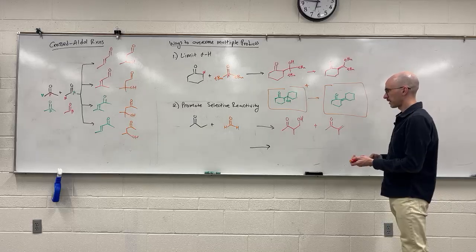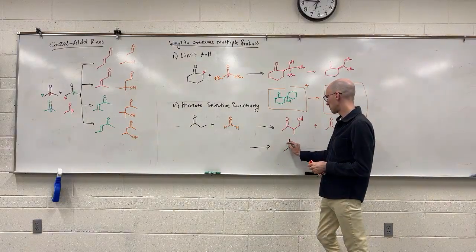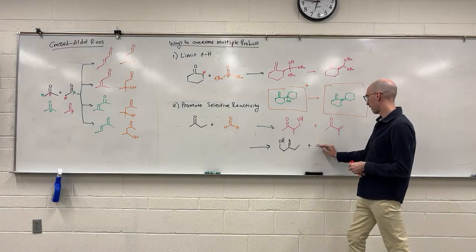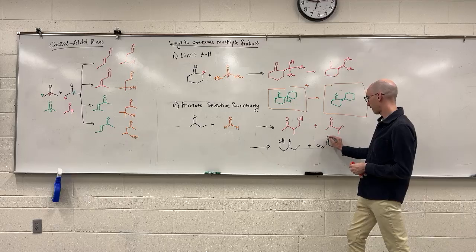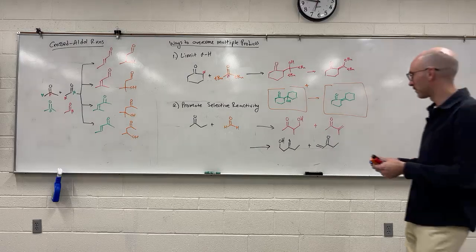But I also want you to consider this aldol addition and this aldol condensation. The products I'm showing to you are structural isomers. They're nothing different than different alpha hydrogens reacting. How do I know which of them is going to form?